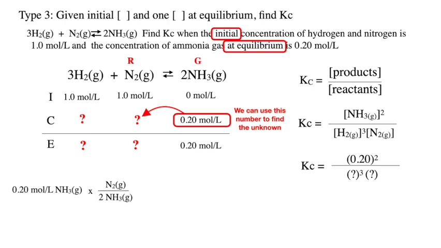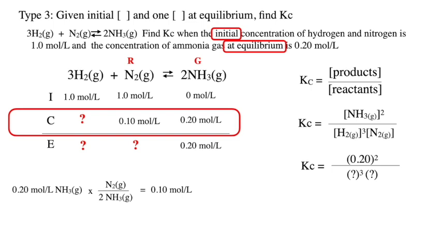So required is N2 over given 2 NH3s. This is where I use my coefficients from my balanced equation. The NH3s cancel, and I'm left with N2. So 0.10 moles per liter of N2. Okay, so that number goes there. All right, now I do the same thing again.